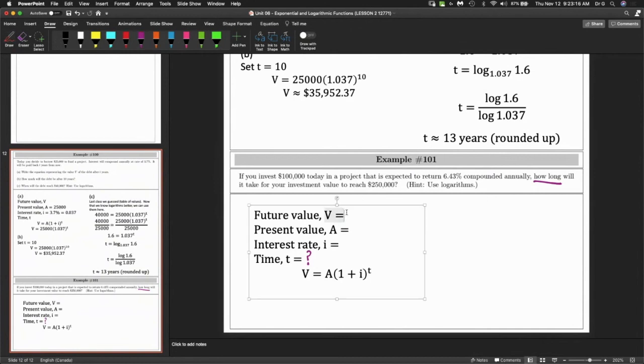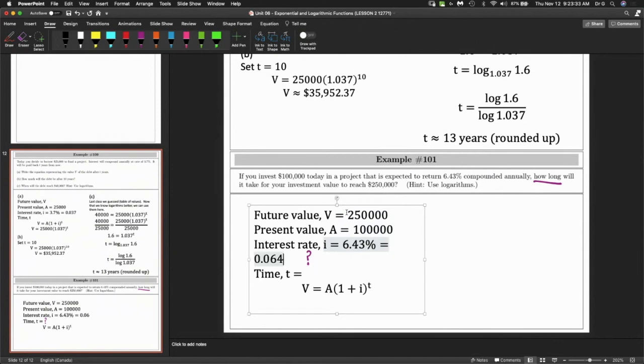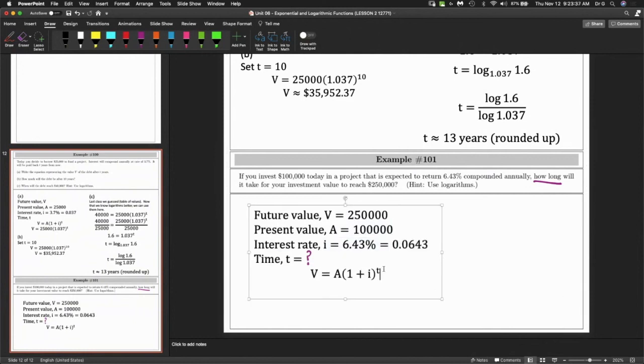The future value is 250,000. Present value is 100,000. Interest rate is 6.43%, which I'll immediately write as 6% and a little bit extra. Let's plug everything into this equation.